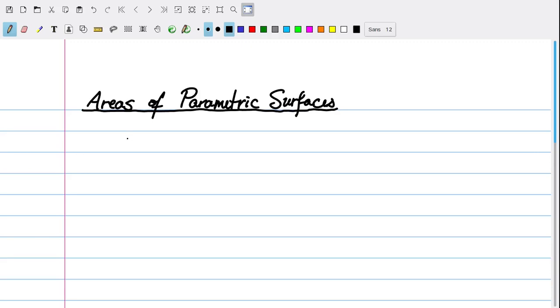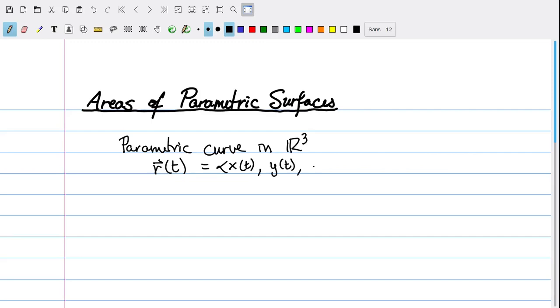Let's start by thinking about parametric curves. So to describe some sort of curve in R3, I give you a function r of a single variable t, which has an x-coordinate, x of t, a y-coordinate, y of t, and a z-coordinate, z of t.